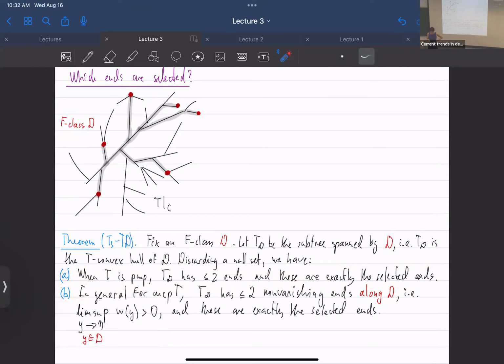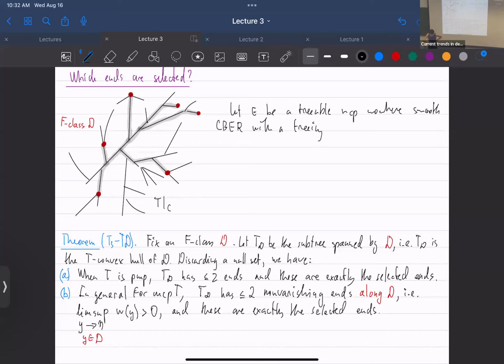So let me write: let E be treeable, PMP, nowhere dense, nowhere smooth, Baire, with treeing T, and let F be an amenable subrelation. Okay, that's the setup. Now fix an F class D.